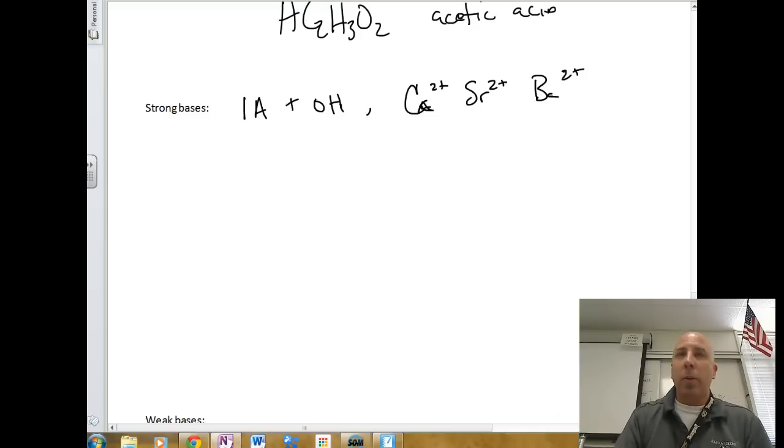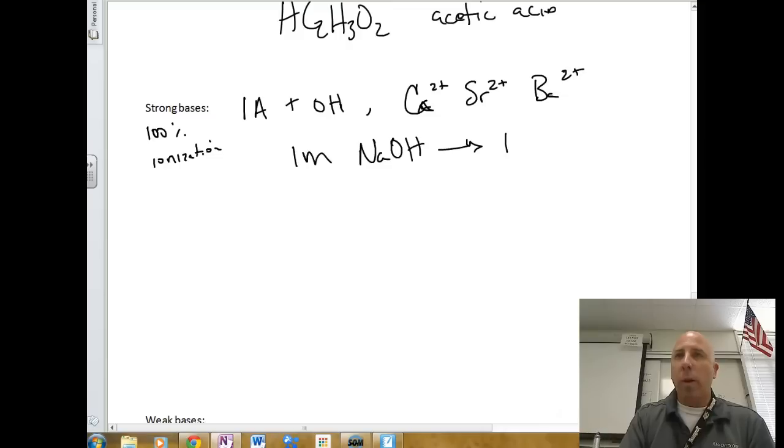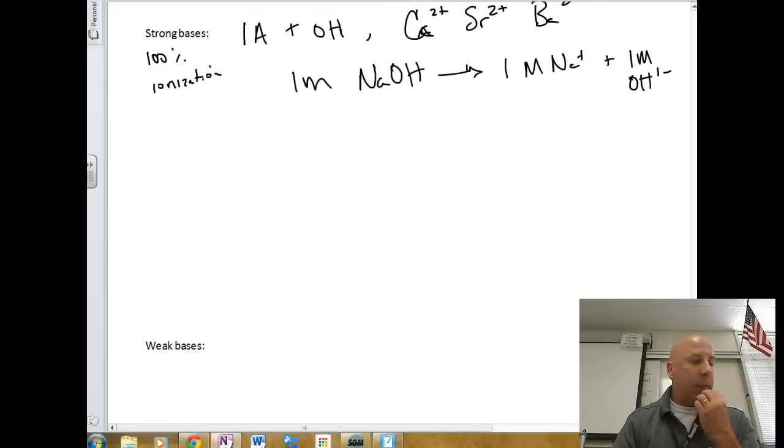These are going to be our strong bases. Again, we get 100% ionization on these. So if we have a 1 molar solution of sodium hydroxide, we are going to have 1 molar sodium ions, and we're going to have 1 molar hydroxide ions as well. Okay, and that's a strong base.